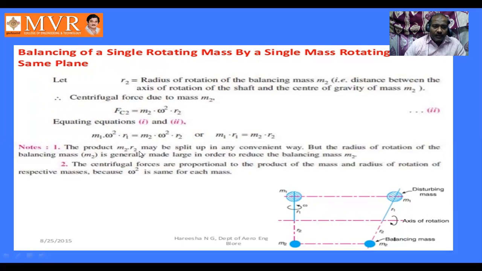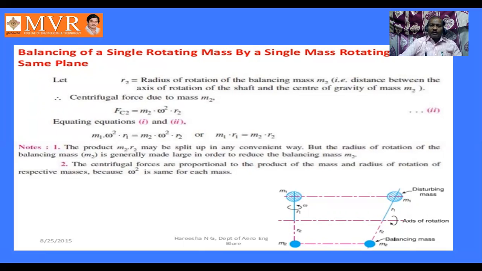The product of m2 r2 may be split up in any convenient way, but the radius of rotation of the balancing mass m2 is generally made large in order to reduce the balancing mass m2. Second, the centrifugal forces are proportional to the product of the mass and radius of rotation of the respective masses, because omega square is the same for each mass. Why? Because they are on the same rotation.